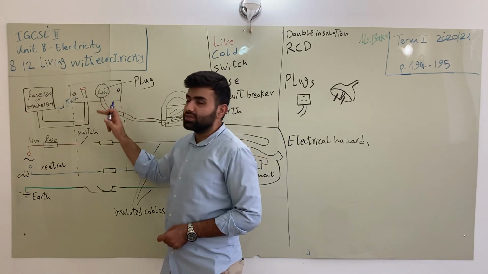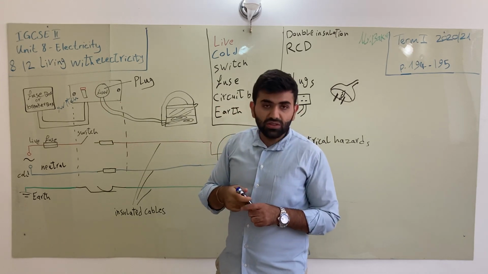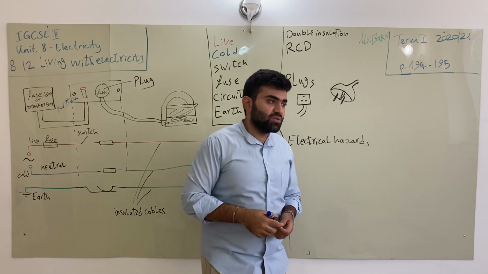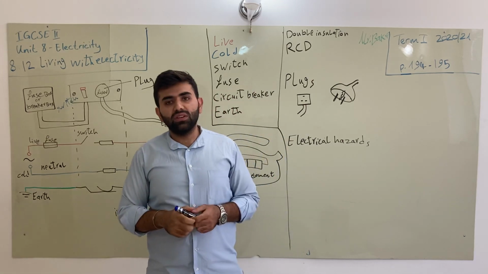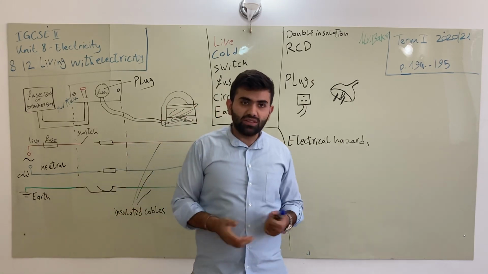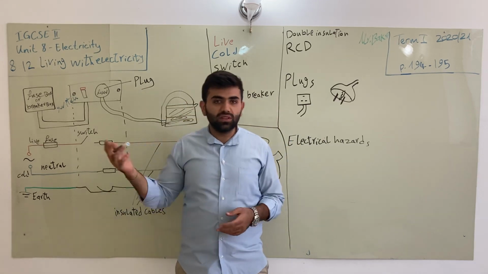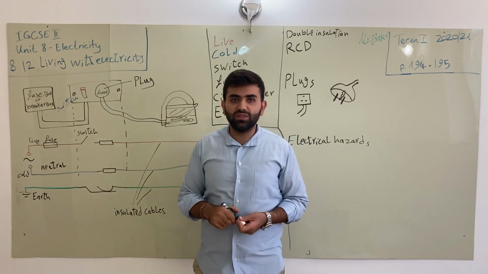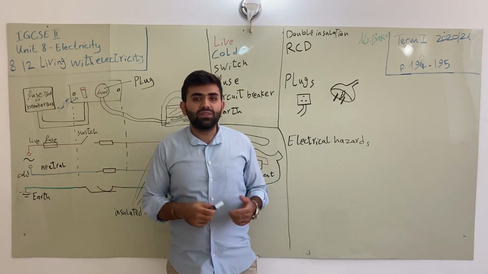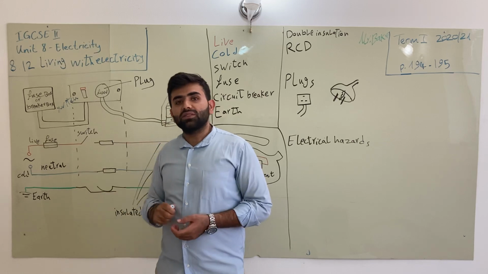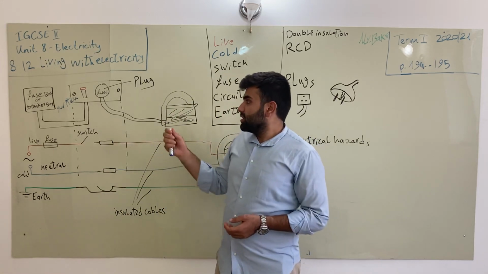Usually it's fused. There are two types of countries that use two different voltages. For example, some countries use 220 volts until 240 volts AC, of course, and other countries use 110 volts until 130 volts.